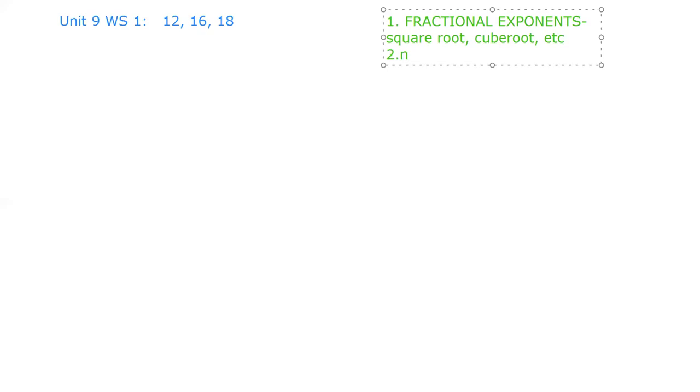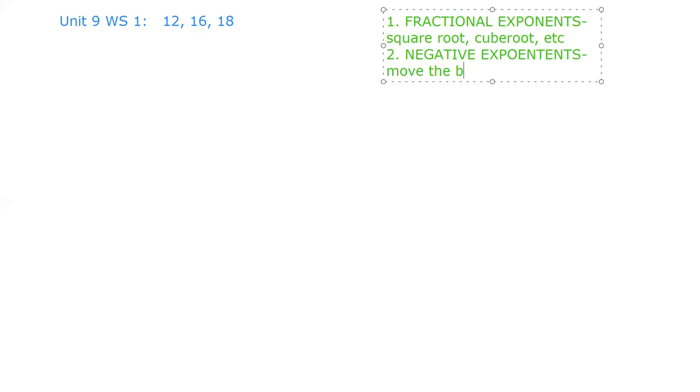A exponent that moves your base from the numerator to the denominator is going to be a negative exponent. So we'll just say across the fraction line.